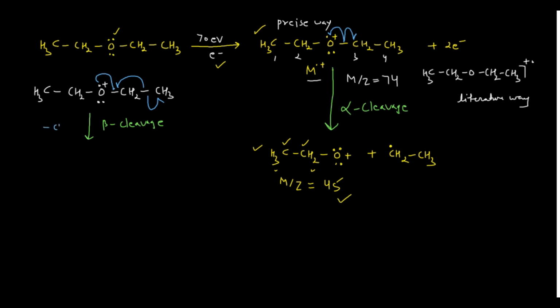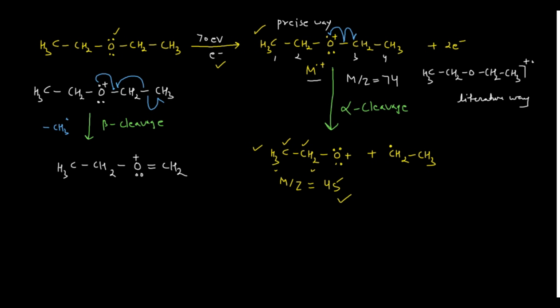You will have minus CH3, that means a methyl radical, and after the methyl radical you will have this species, which is your CH3, CH2, single bond oxygen, one lone pair, one positive charge, and double bond CH2, right? I am having this particular species.